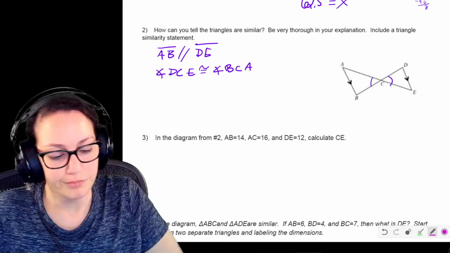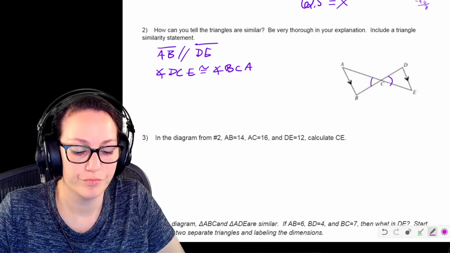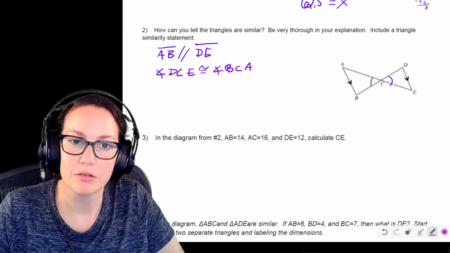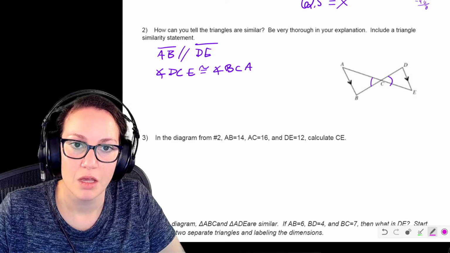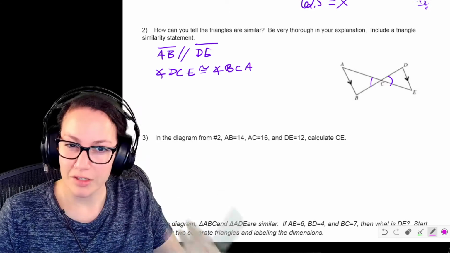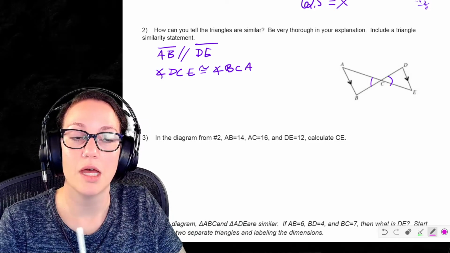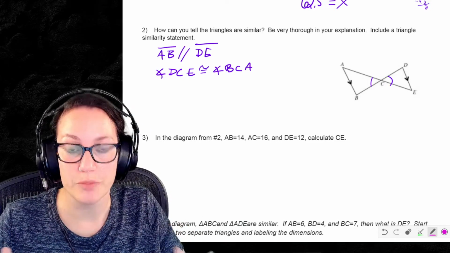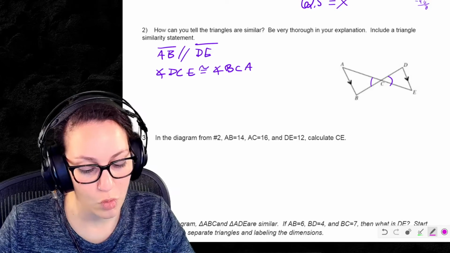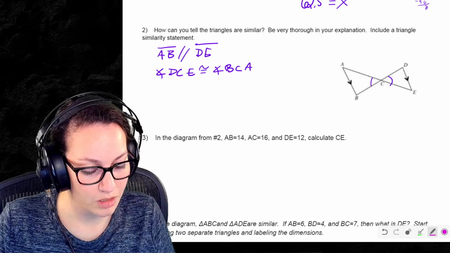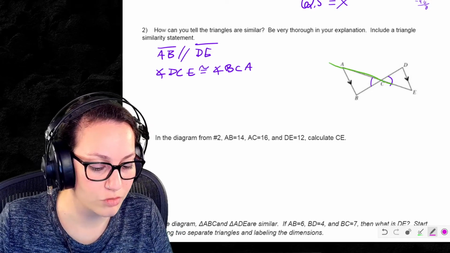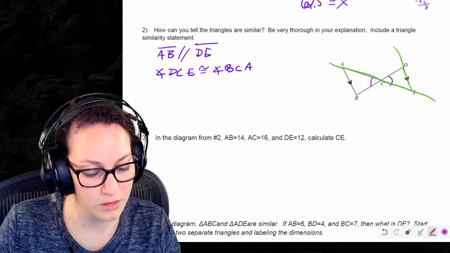So what else can we say? What do you think? So we can start to think about our angle relationships. So here's a transversal. I'm going to highlight this in green. So here's a transversal from two parallel lines.